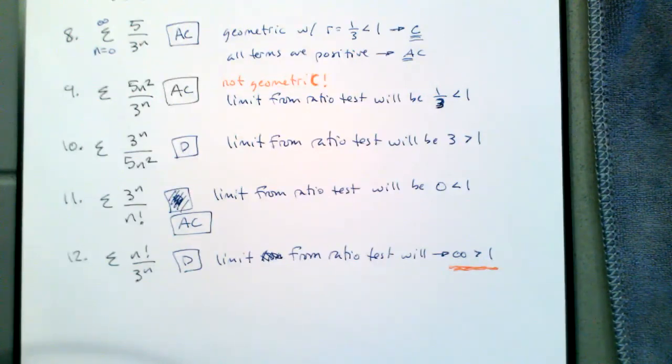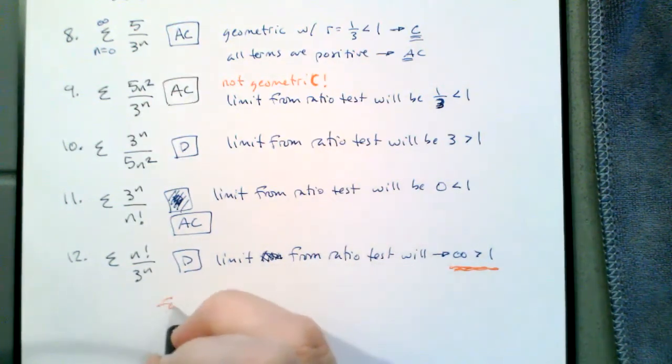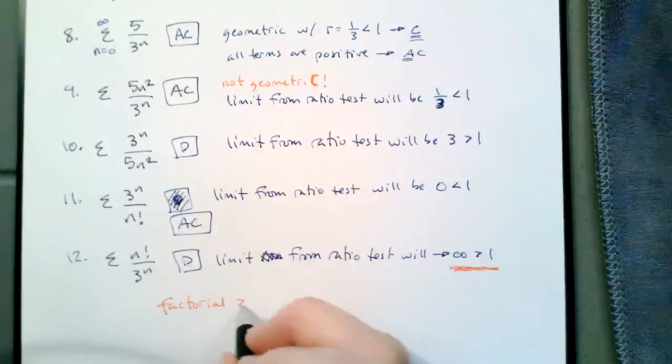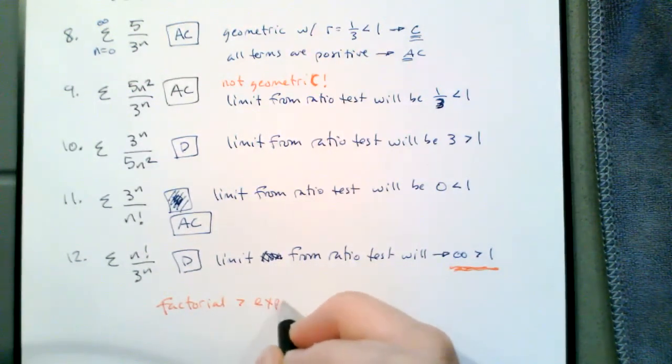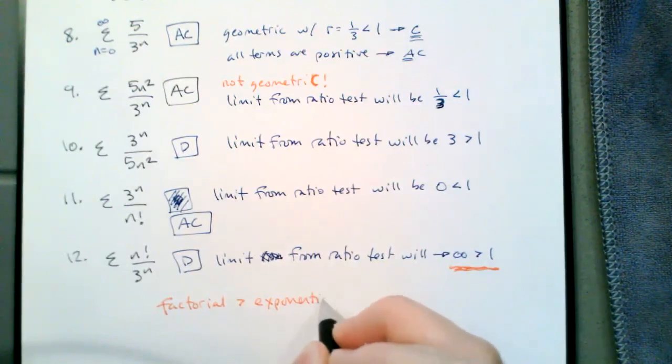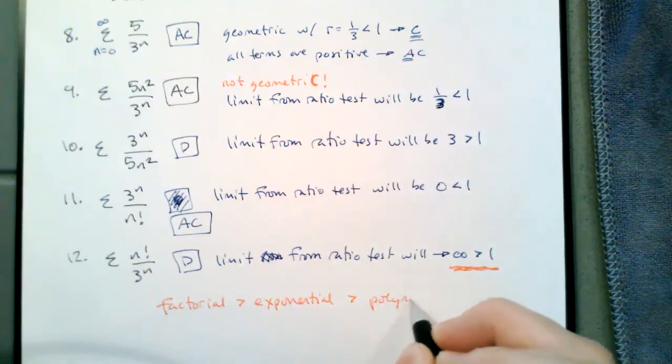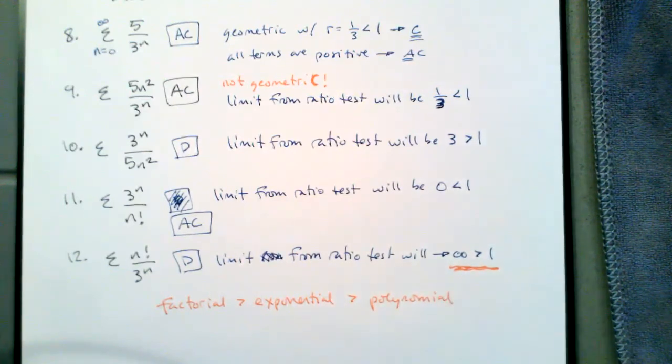We want to be able to see that factorial is bigger than exponential is bigger than polynomial. This will give you a rough idea about what's going on.